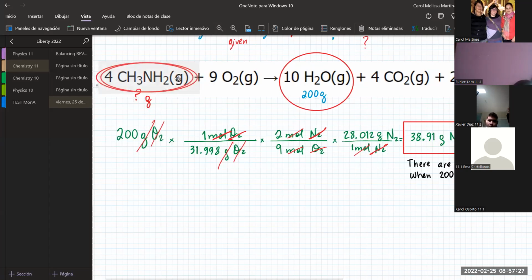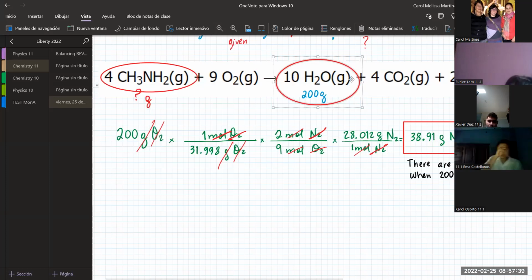But for example, here, if you want to analyze the water situation, you can say, okay, with this reaction, I want to get water. For some reason, you are interested in water, so you say, I need to obtain 200 grams of water. So I want to know how much methylamine I have to use.